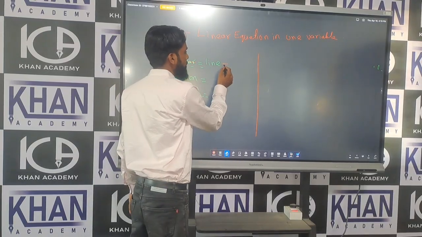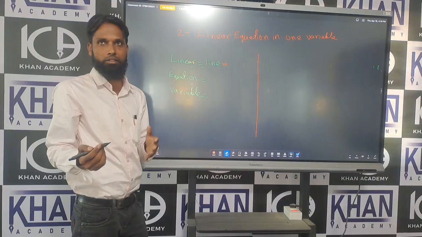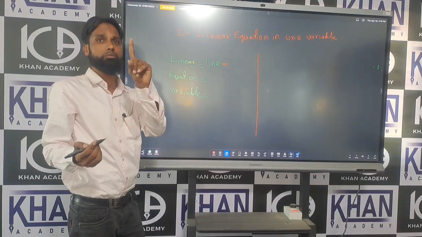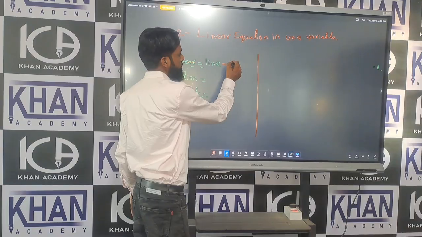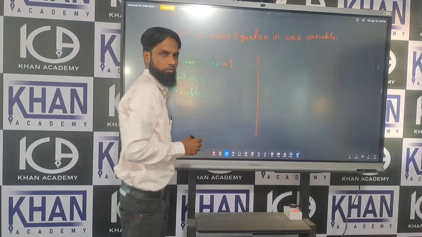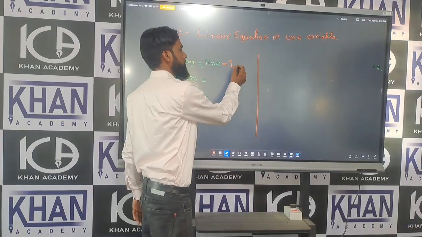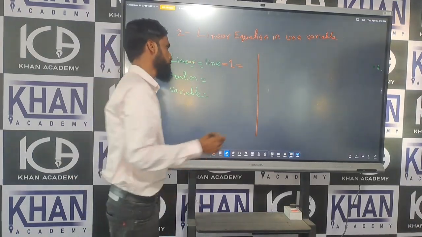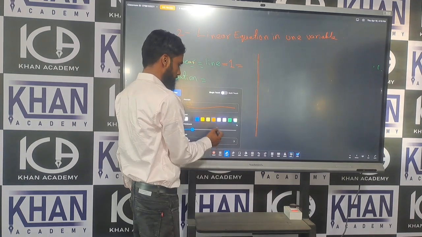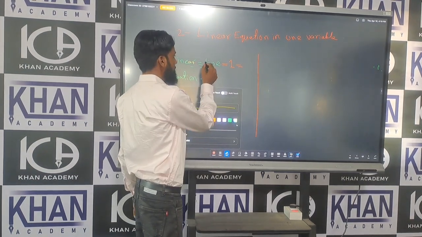And how will we get a line? By using the variable, and the variable's degree must be 1. So the degree is how much? 1. Do you want a trick for 1? In line, there is a 1 like this.